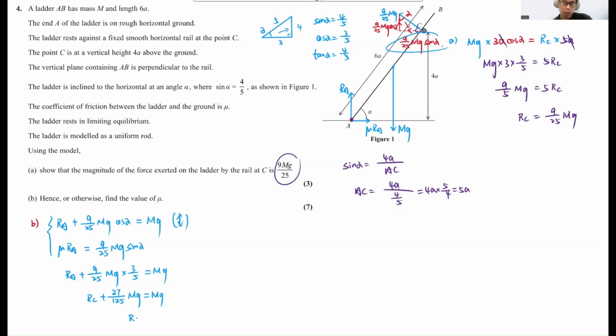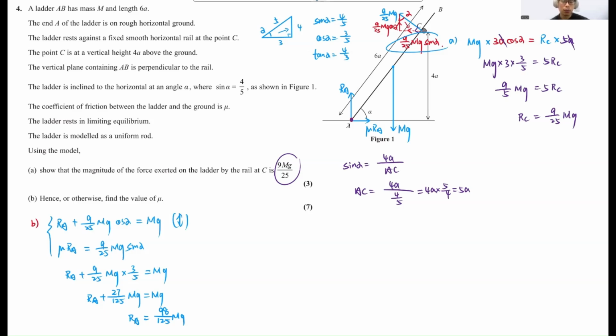So RA is just equal to mg minus 27/125 mg. So 1 mg minus 27/125 mg should be 98/125 mg. You can just put 1 minus 27/125 in the calculator to get 98/125 mg.